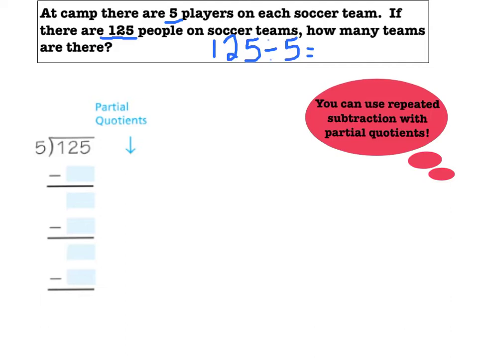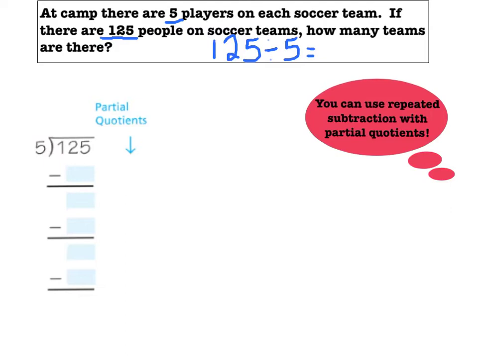So I'm going to do my division problem by doing repeated subtraction, just like we learned the other day. So I have 125 divided by 5. Now I know I can subtract, and I'm not going to subtract 5 each time because that would take me a long time. I'm at 125.